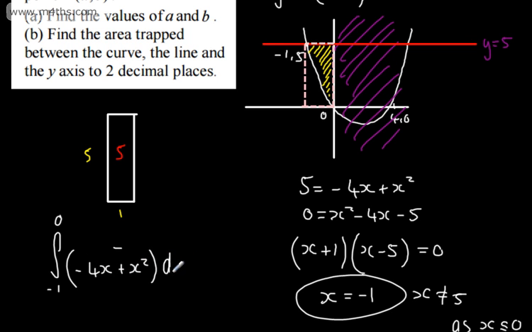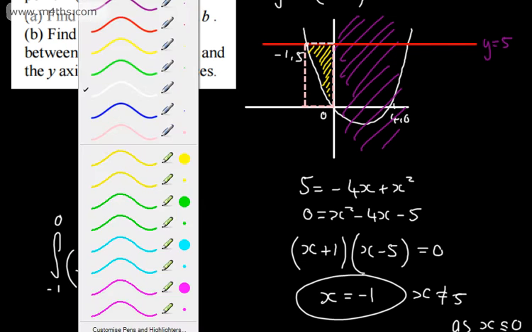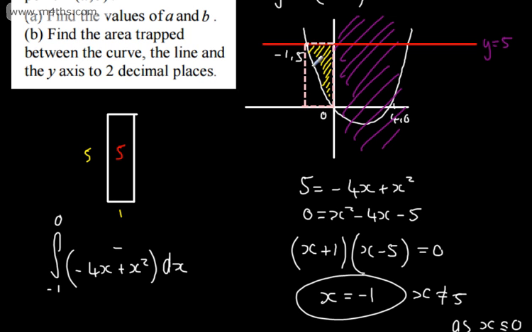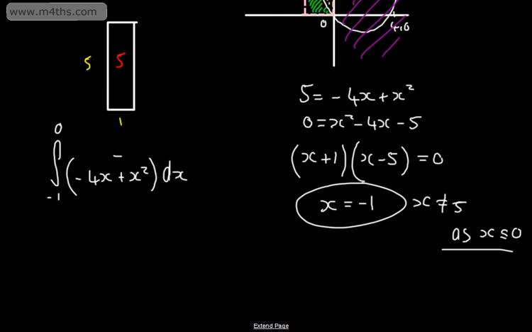What this is going to do is give me the area trapped under the curve. I'll just put this on a different colour so we can see what we're looking at. We're going to be looking now at this area. This is what I'm going to find by taking the integral from negative 1 to 0 of the curve. So the whole thing, the rectangle, take away this bit of area, will give me that.